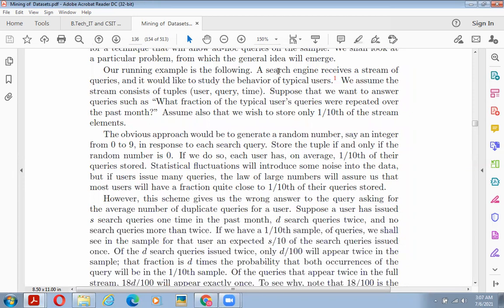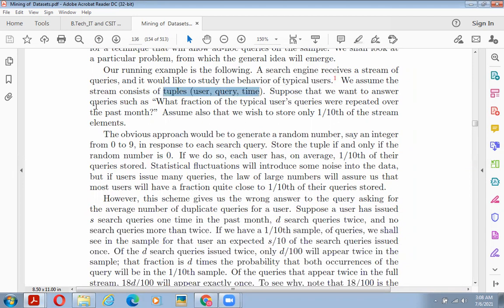A search engine is getting a stream of queries, but it would like to study the behavior of typical users. That is why, from the stream, which consists of tuples, we target the user, the query, and the time. This tuple helps to understand the query as a whole.